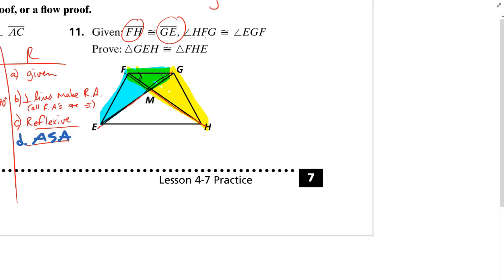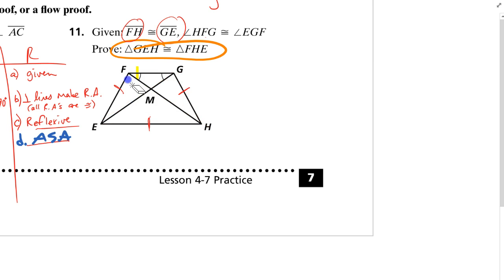Once I have those congruent, I'm going to note that this side will be congruent to that side, and therefore I can look at this triangle that they actually want me to prove is congruent. Once I have this guy congruent to this guy, then I can say something about these being congruent, because I'll have this side congruent to itself, and I'll be able to use this angle from my original smaller sort of mid-sized triangle.